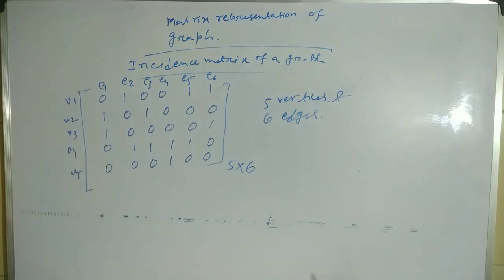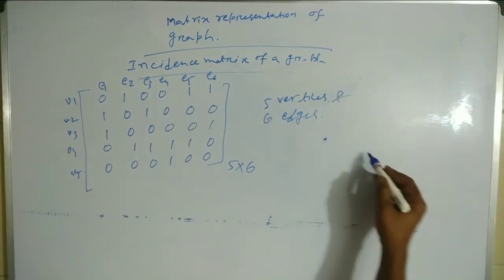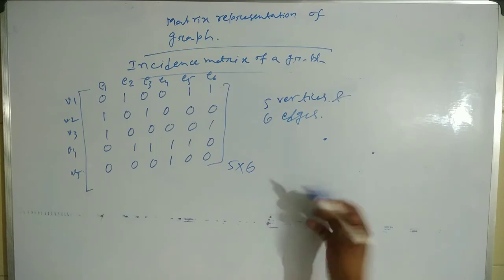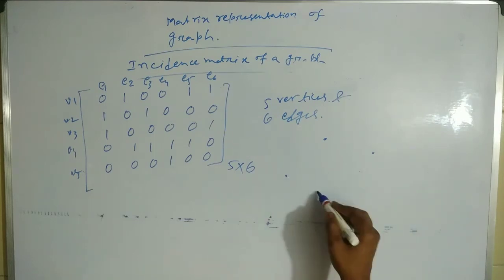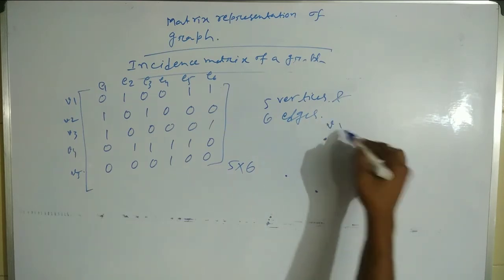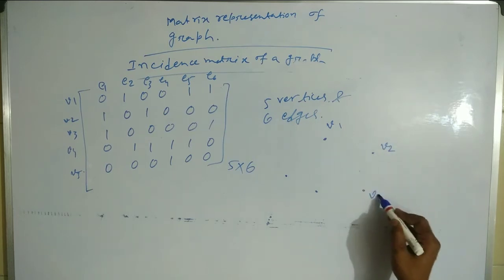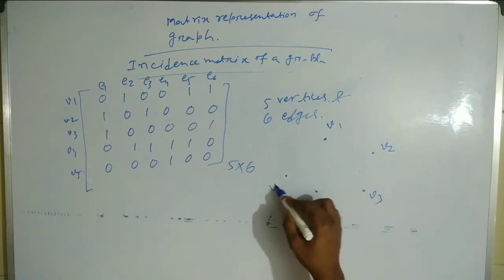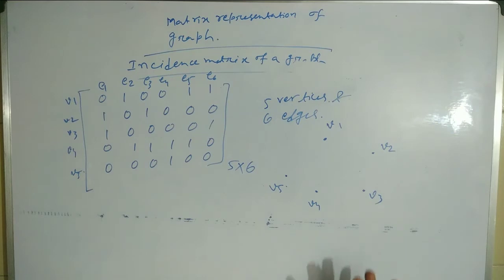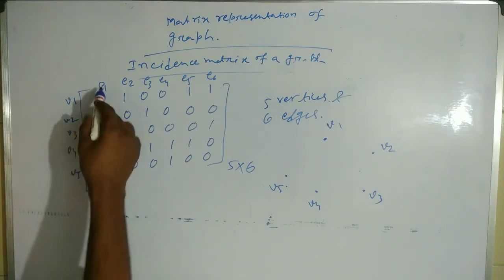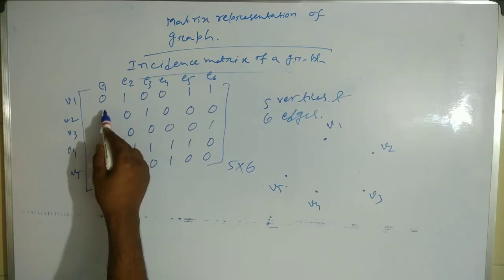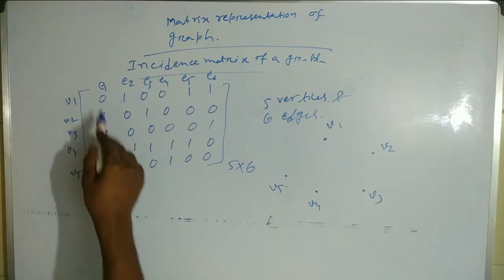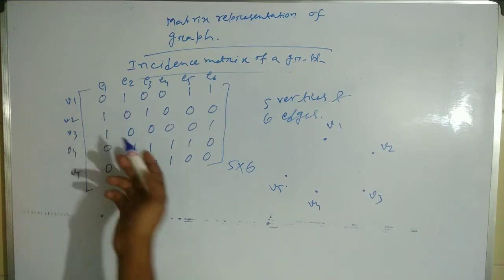Now since there are 5 vertices, we place the 5 vertices. You can place them anywhere: V1, V2, V3, V4, V5. Now we will draw the edges. How to draw the edges? First consider any one edge, suppose E1. Since there are ones in V2 and V3 for E1, E1 must be adjacent with V2 and V3.